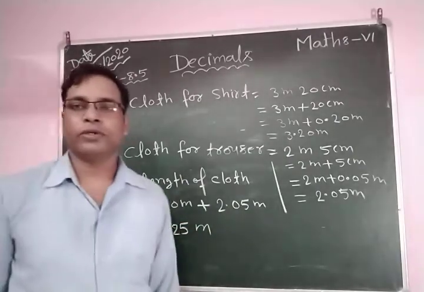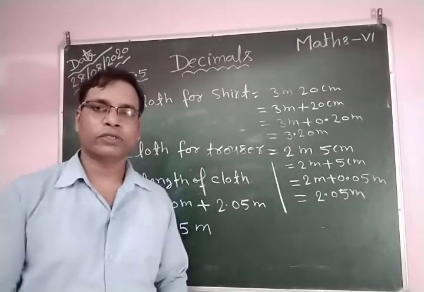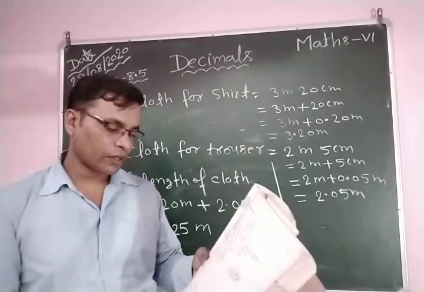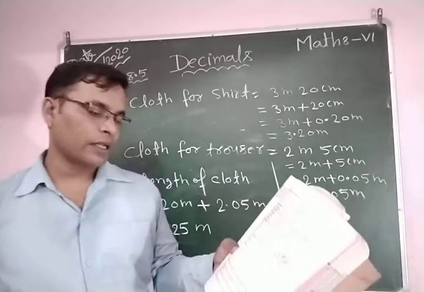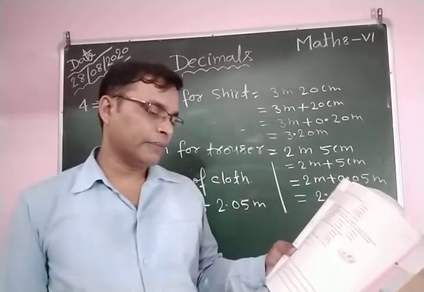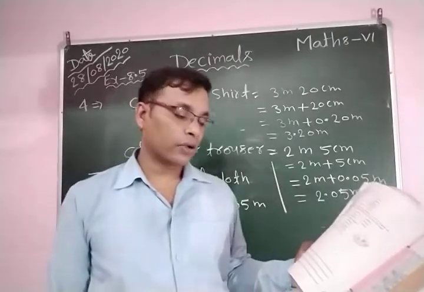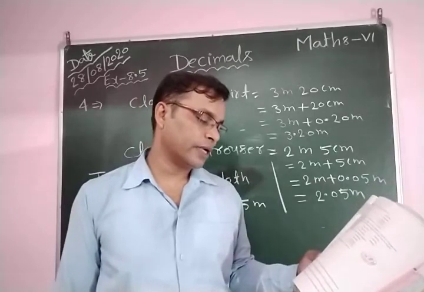So student, I hope all of you understood this question. Now the next question is question number 5. Naresh walked 2 kilometer 35 meters in the morning, 1 kilometer 7 meters in the evening. How much distance did she walk in all?